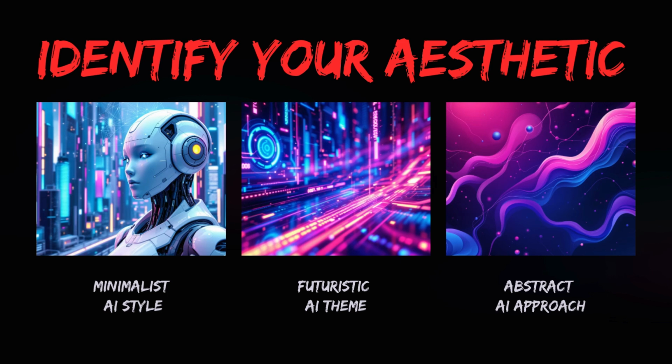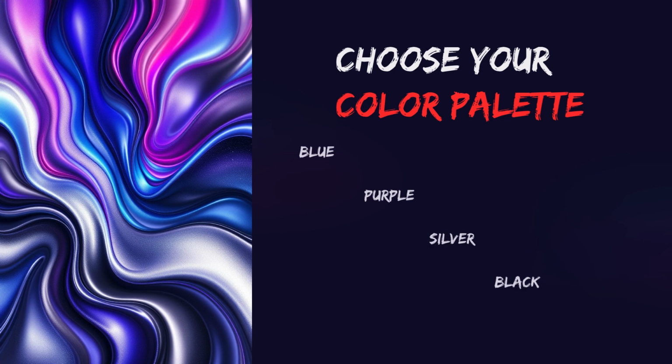Blue. A classic AI color, evoking feelings of trust, intelligence, and innovation. It's versatile, working well with various accents. Purple. Represents mystery, creativity, and futuristic vibes. Used sparingly, it can add a touch of intrigue and sophistication.